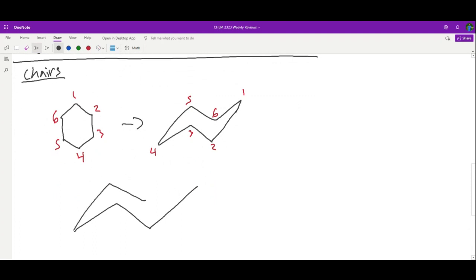So we are going to look at each of the positions. Whenever you're putting substituents and transferring it to a chair, you can either put it in a bent way, which is called equatorial. So these are all the bent directions.